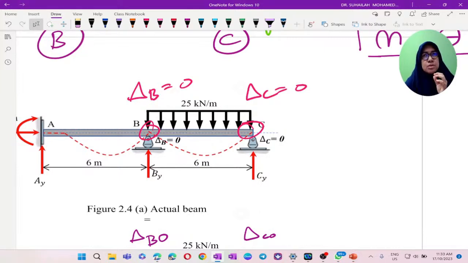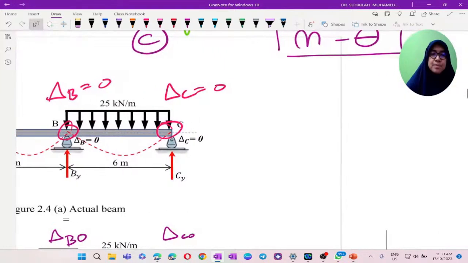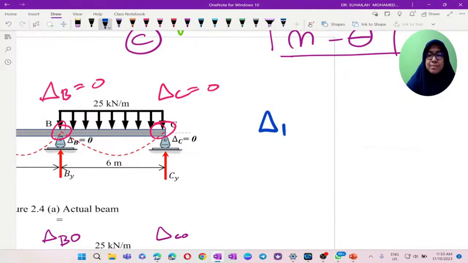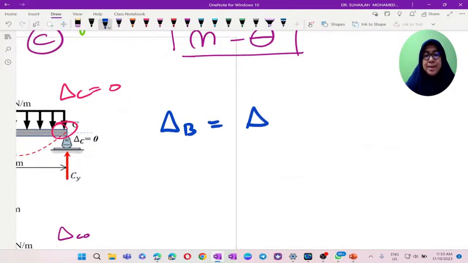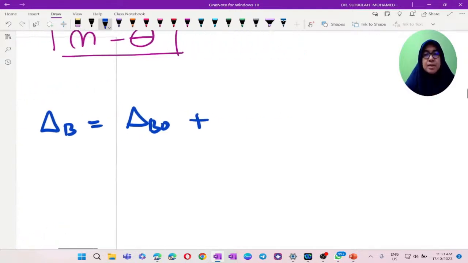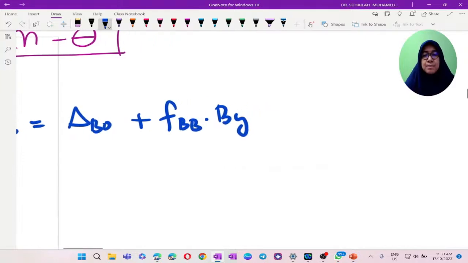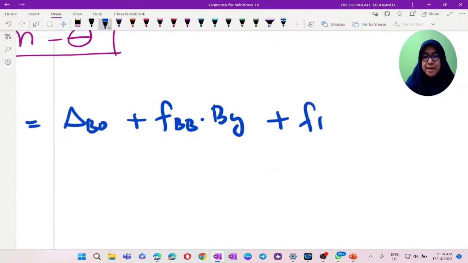Remember the general equation: actual beam is equal to primary beam plus redundant BY applied plus redundant CY applied.